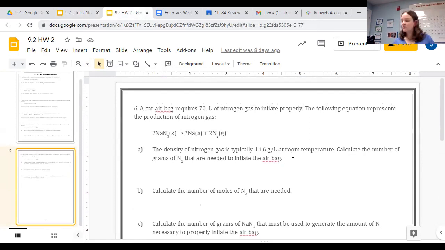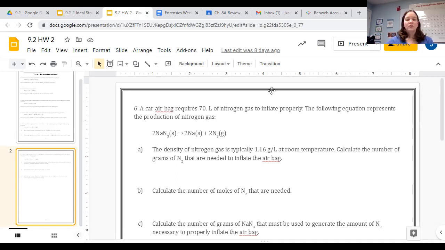So one difference here that I'll point out with the airbag, so this is question 6 on the back. It's giving you liters. So in part A, it's going to have you use the density. Because we have liters here, we would set this up to multiply by the density, and that would give you the mass.